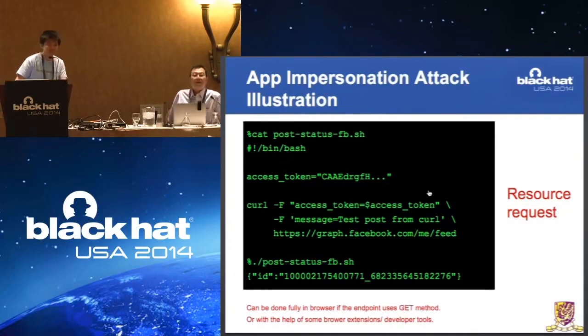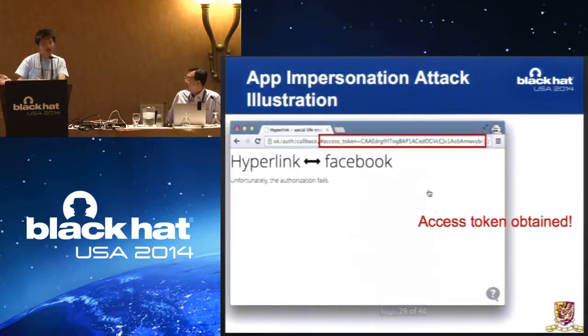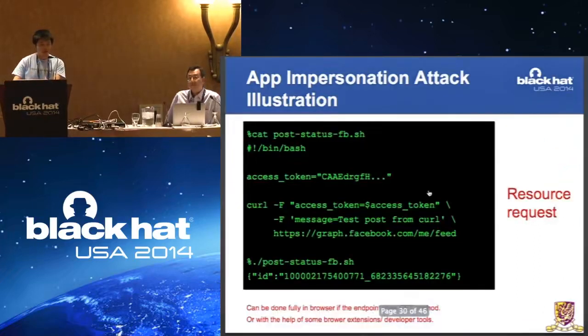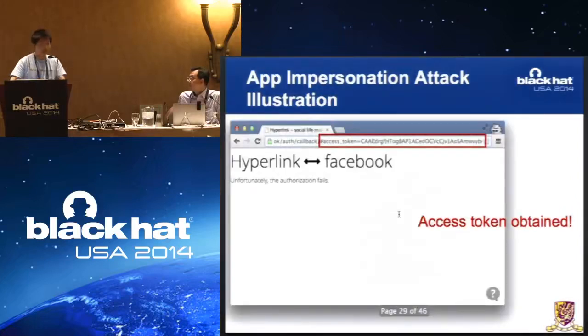Basically, this is showing a working example. You can repeat this offline at home. You don't have the app secret of this app, and this app operates normally on its own server, but you can tweak the implicit grant flow and get an access token. And here you just use a simple script to request the endpoint to post the status, and you can check. Actually, this is available on nearly all apps here.